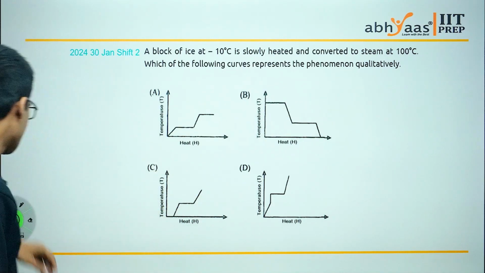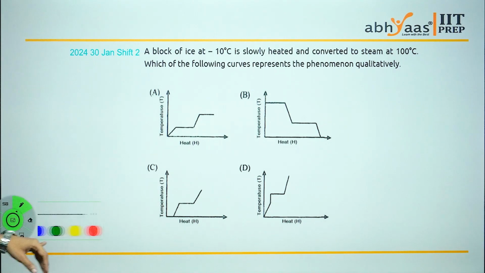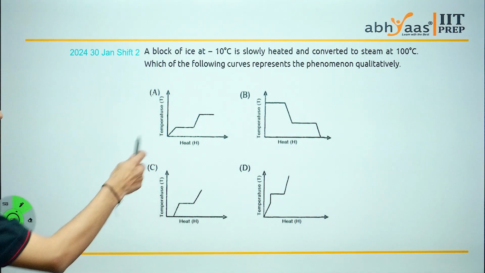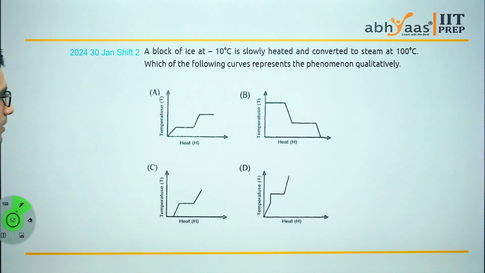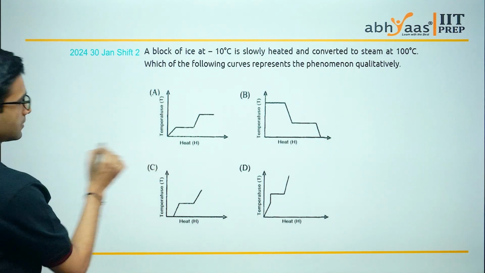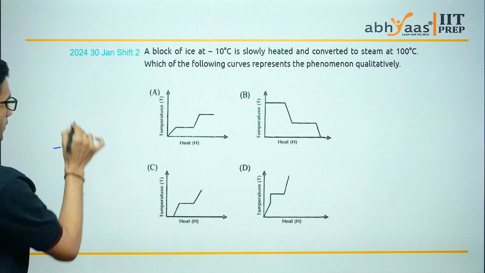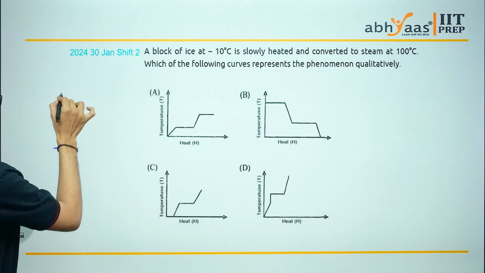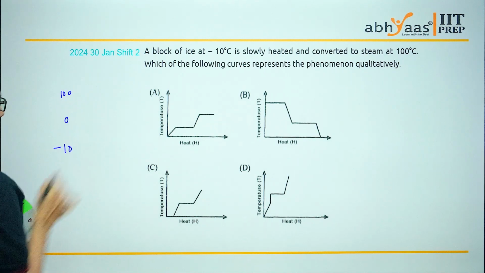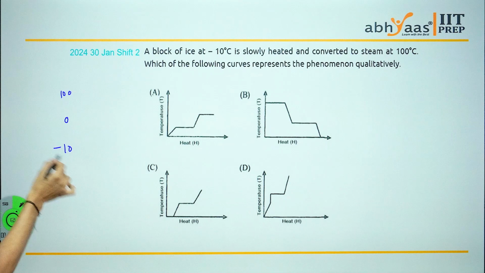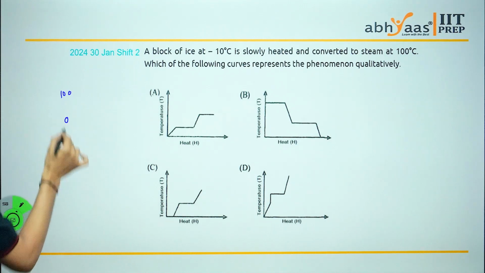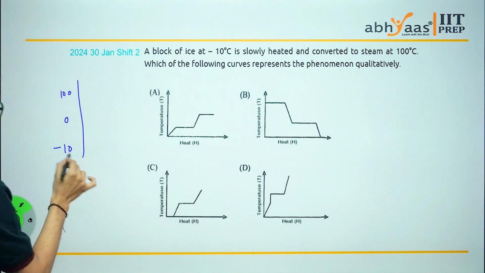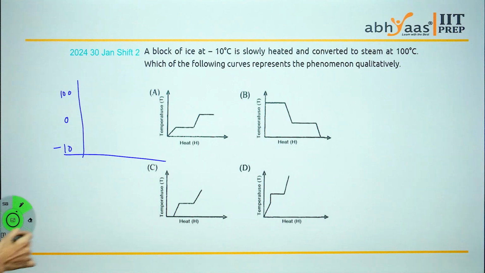By seeing that, what happens? Initially the temperature is increasing as heat is given, from minus 10 degrees centigrade, then it goes to 0, then it goes to 100. So from minus 10 to 0, this is the temperature axis, this is heat supply.